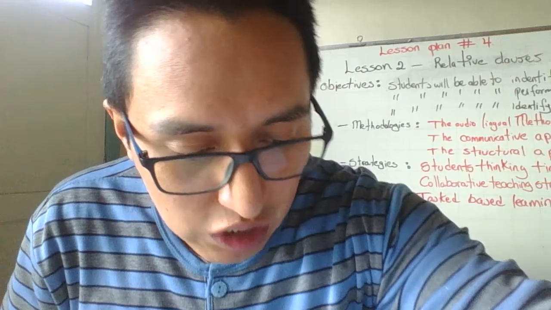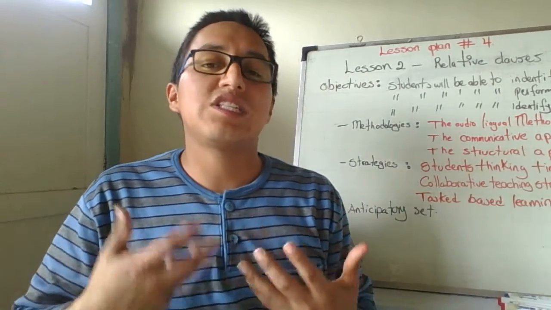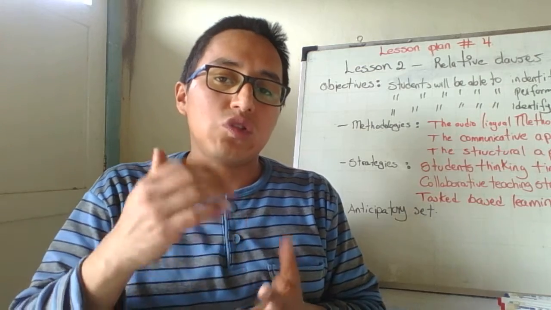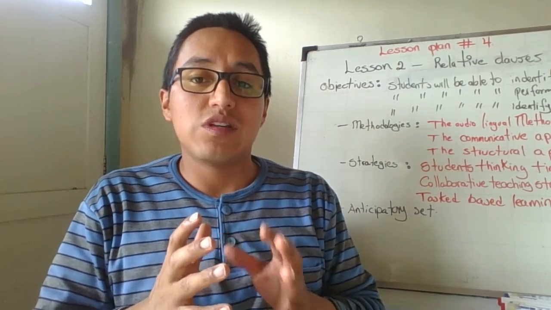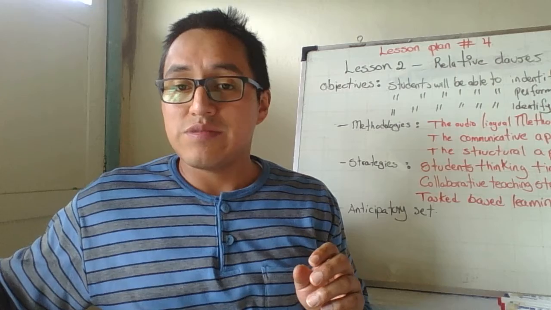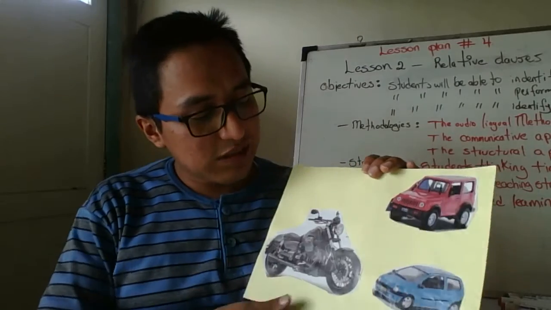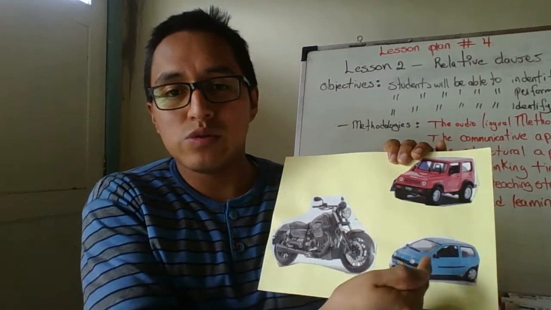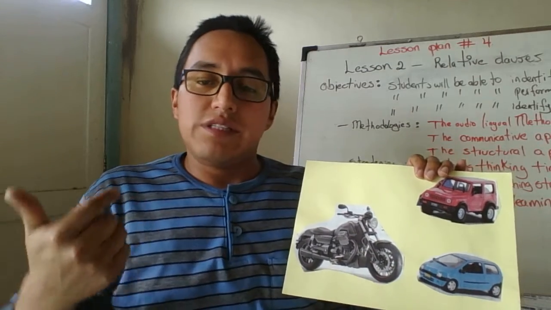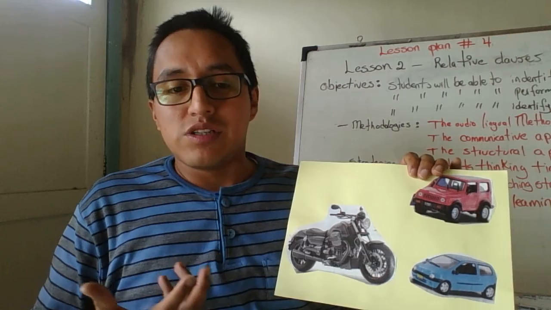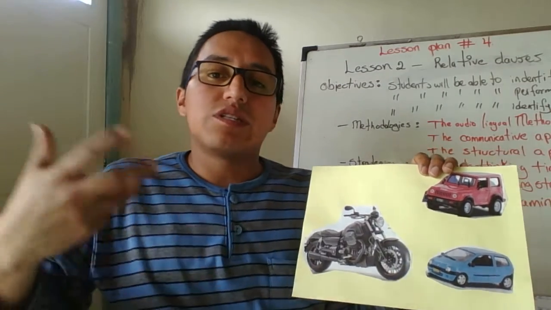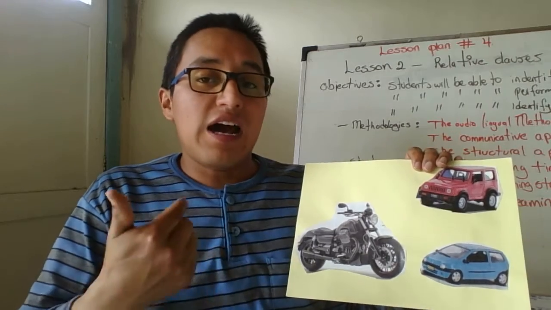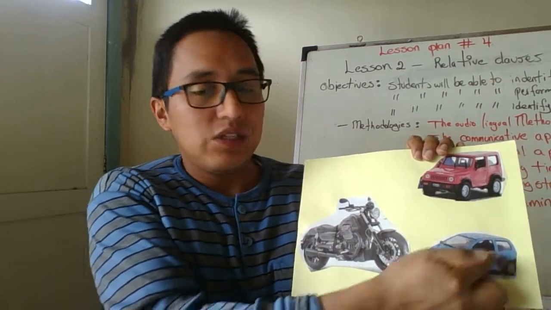In the step of independent practice, we continue doing some examples using the flashcards. For example, I'm gonna use this picture. I'm gonna ask one student or a volunteer, could you give me one example using this picture?